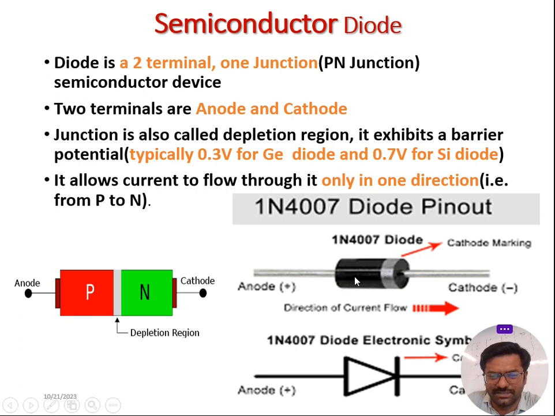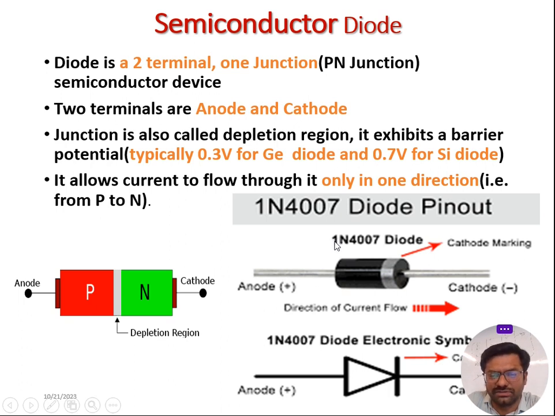It has two terminals. The silver coating of the diode is called the cathode terminal. While performing any experiments, we consider the silver coating over the diode's cylindrical structure as the negative terminal or the cathode terminal, and the other terminal is the anode terminal.